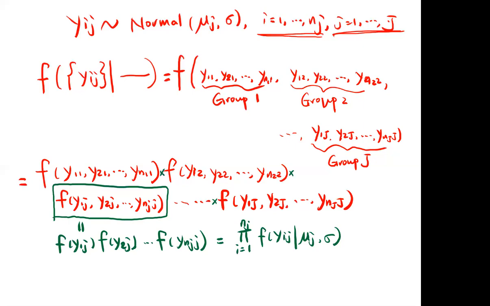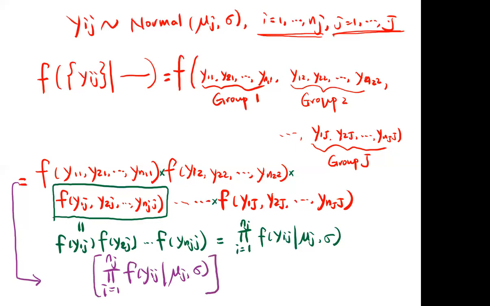So I already have the generic expression for one group, group J: the observations go from 1 to nj, and I have yij given mu j and sigma. This is for one group, and I need capital J groups, and they're all independent.